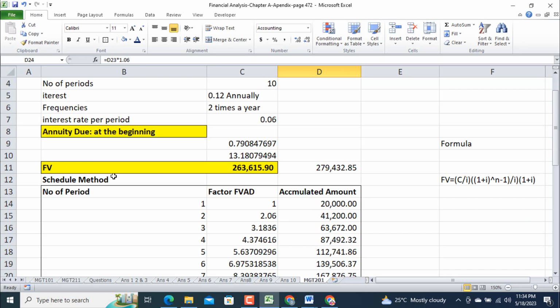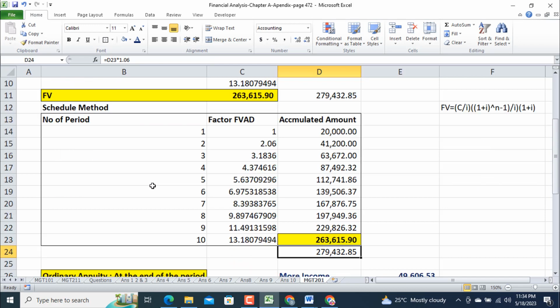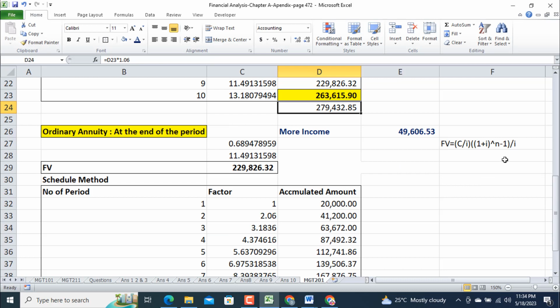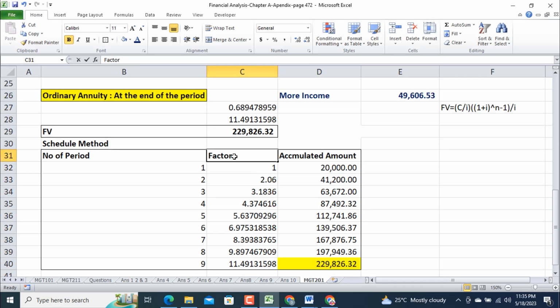It means we have all 6 months for earning more on his investment of 20,000, as compared to the ordinary annuity, because Mr. Salman makes the payment at the end of the 6 months. So the 6 month period of earning is excluded from this scheme of annuity. Here I have used this formula. You see that the 1 plus I factor is not involved in this formula. So I use it simply the same as I told you above, and this is the schedule method.